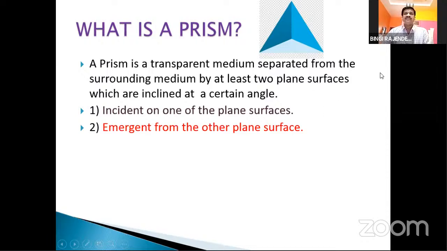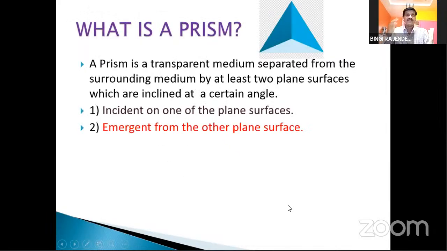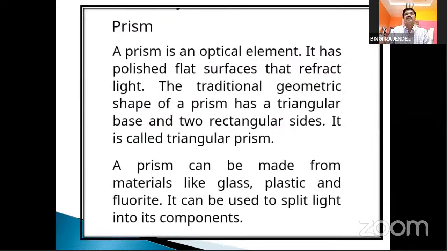It is in the shape of a triangle, or with a rectangular base, and cone shape also. The light ray will be incident on one of the plane surfaces and emergent from the other plane surface. So, a prism is an optical element.